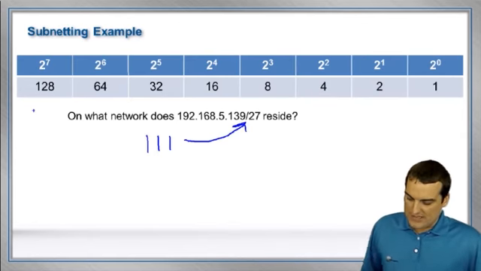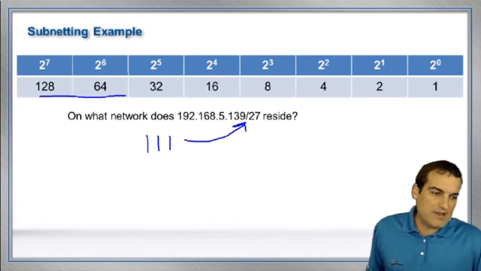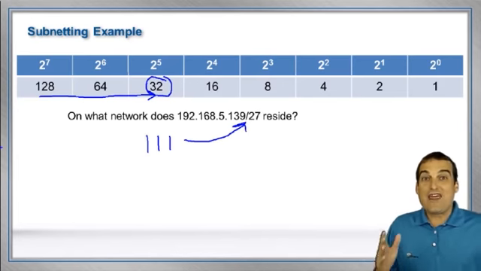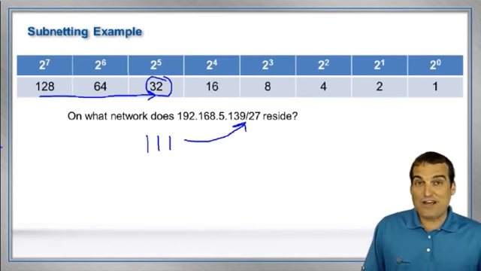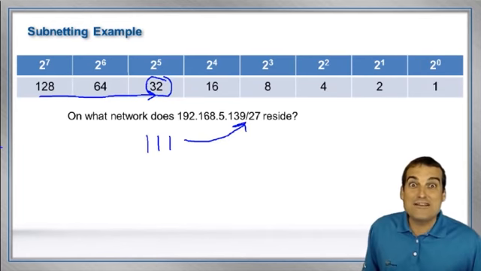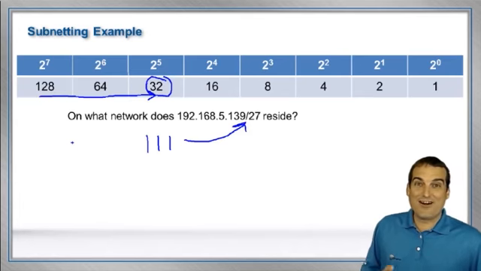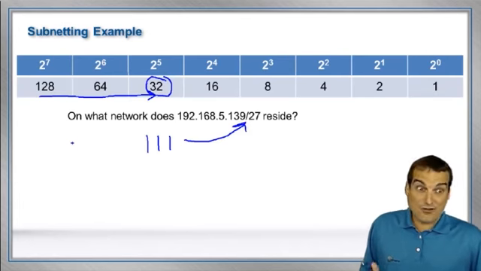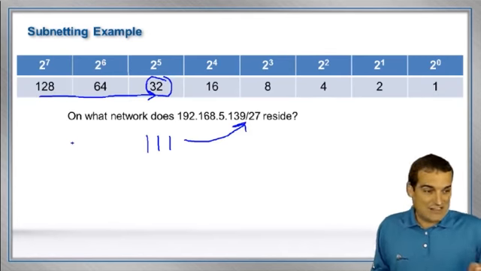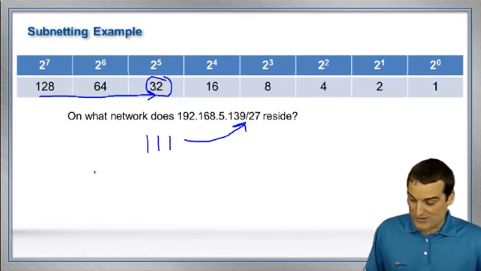Well, what you do is you go in 3 bits deep into this chart and see this number 32? That 32 is how our subnets increment. It always works. How many bits you steal, you go that deep into your conversion chart, and it always works.